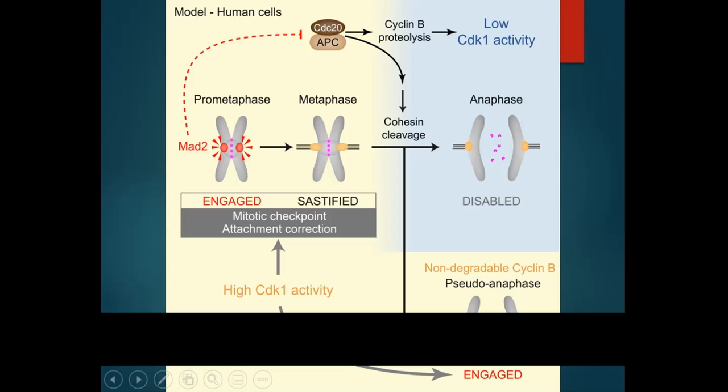And once it does that, it allows the cells to move from metaphase into anaphase. If that does not happen, if you don't have good connections between the kinetochores and the microtubules, then the cells are going to stay in metaphase until they are signaled to go through apoptosis. So if they can't finish up the cell cycle, they will go through apoptosis.